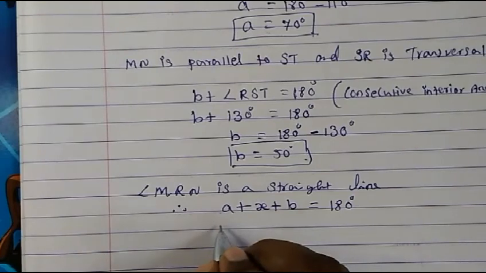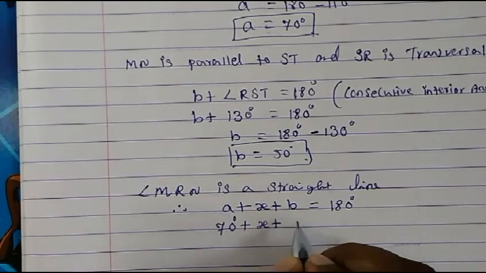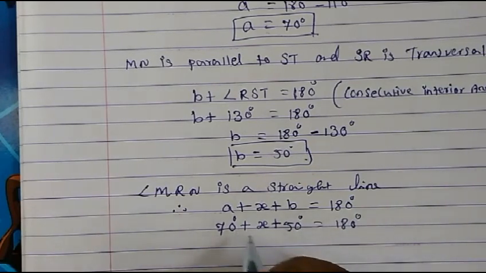The A value we know, that is 70 degrees. X we don't know. B value we know, 50. So X we keep here only. And 70 plus 50 will give us 120.